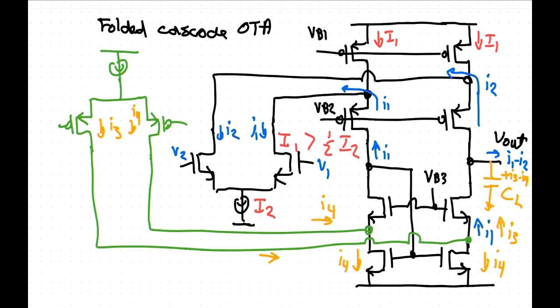Let's see if we can do that. So which one is larger? If I1 is positive, so V1 is going to be the positive input and the negative input here. So if we have something flowing, I3, if this is higher, then it's going to be plus I3.